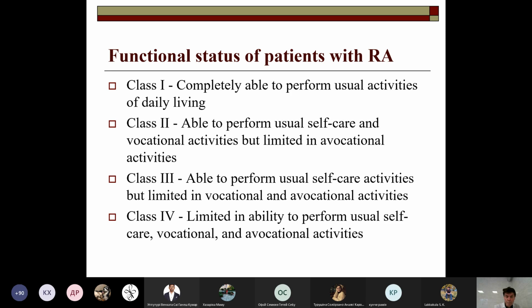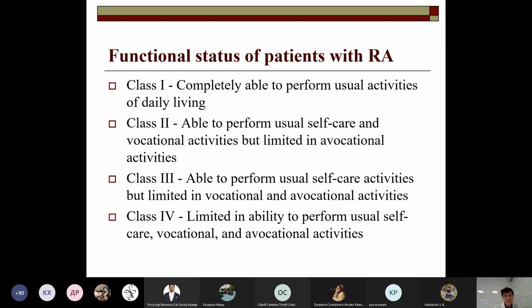Class 1: completely able to perform usual activities of daily living, a fairly early stage of the patient having acute synovitis and other soft tissue abnormalities, without loss of professional vocational activity. Class 2: able to perform usual self-care and vocational activity, but limited in avocational activity.